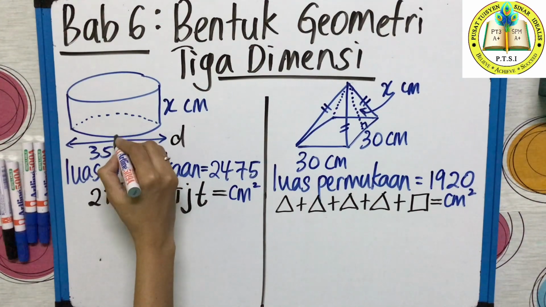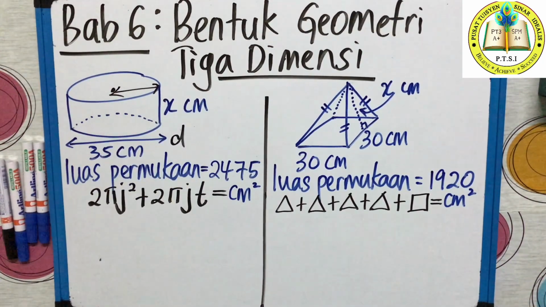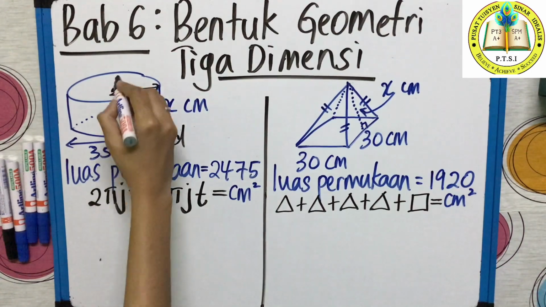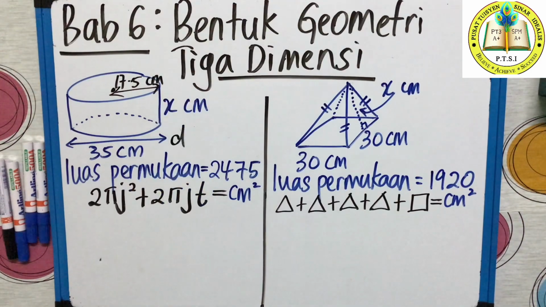Kalau setengah, that means half of it, kamu perlu tahu 17.5 cm. So you have to know all this. Diameter is the full line. If you want it half, you are supposed to know how much that half will be.